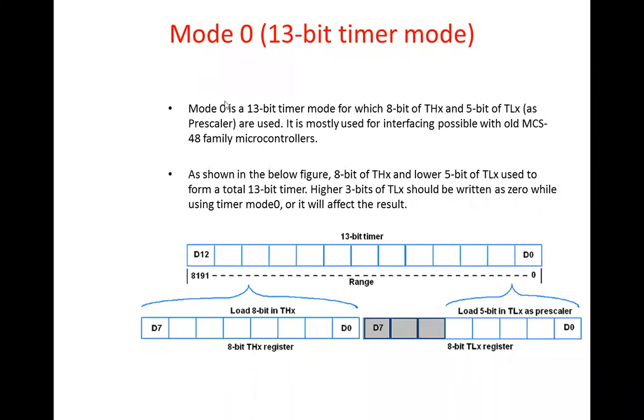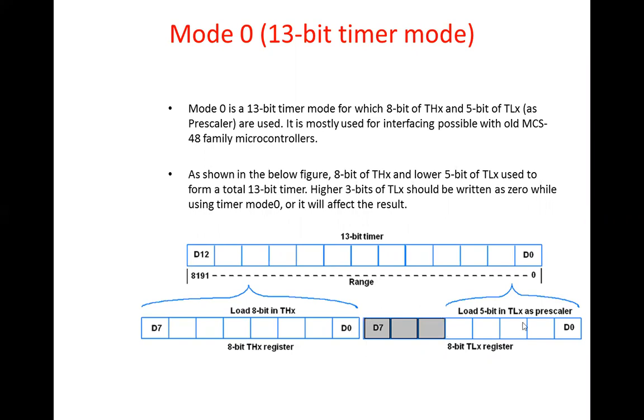For counting, we have to count from 0 up to 13 bits. So the 8 bits in THX and the 5 bits of TLX are used as a prescaler. The range of the 13-bit timer is from D0 to D12. We use D7 and do not use these 3 bits.